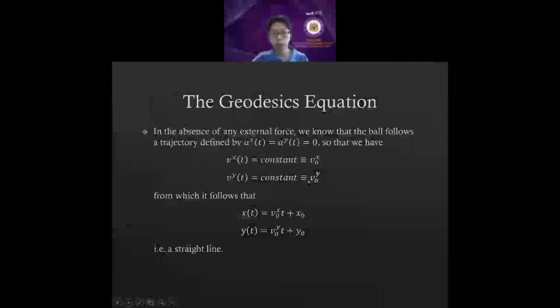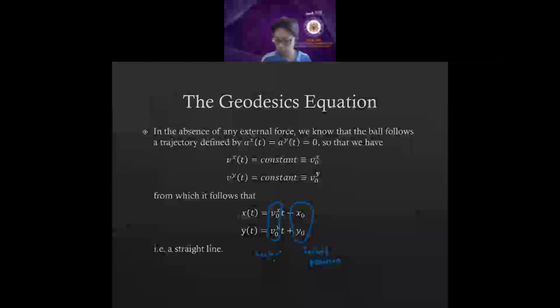From which we can further integrate to get that the solution is of this form, which is none other than a straight line, where this is the initial position and this v is the initial velocity, the velocity and the position at time equals 0.